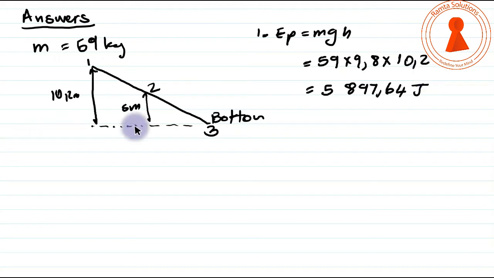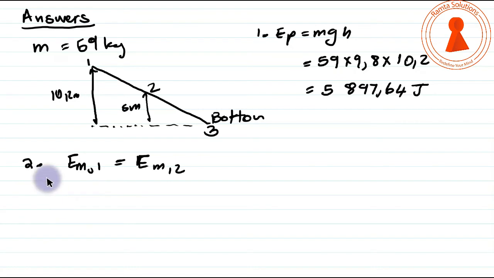Now question 2 said we must calculate her EK at h equals 5. Mechanical energy must be conserved, so mechanical energy at point 1 is equal to mechanical energy at point 2.